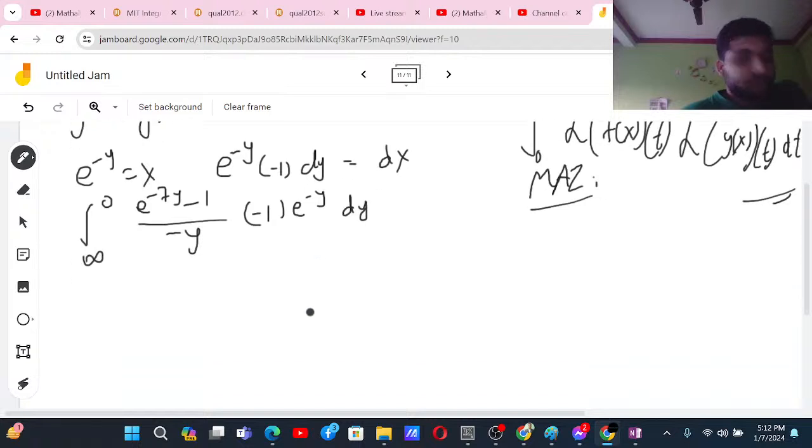Minus cancels out. So taking the negative sign outside, we will have 0 to infinity of e to the power minus 8y minus e to the power minus y by y dy.